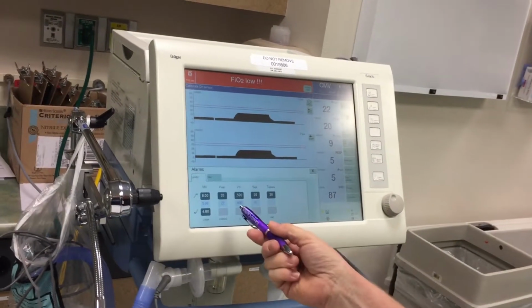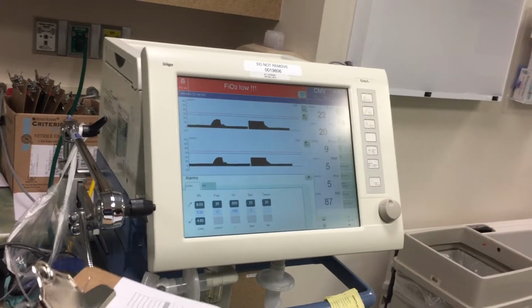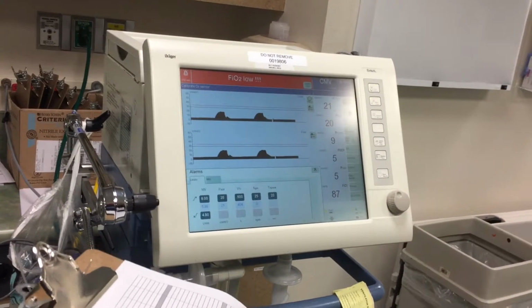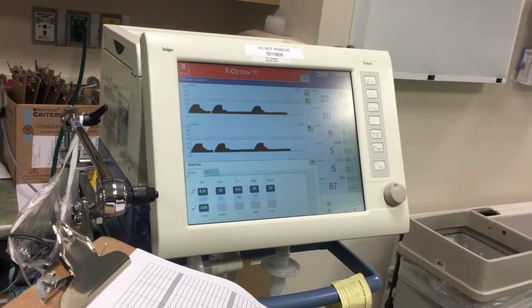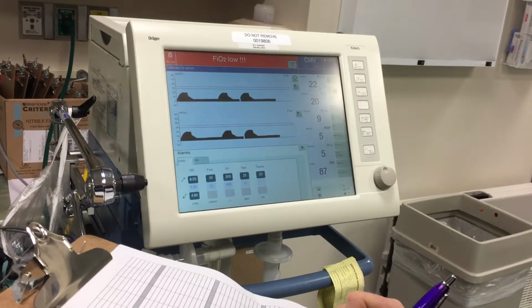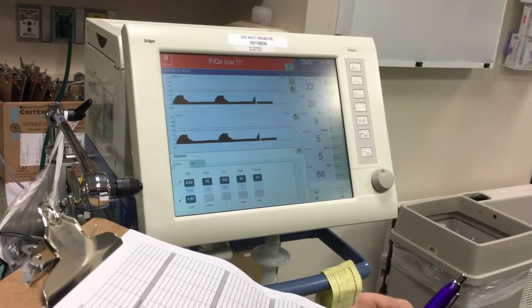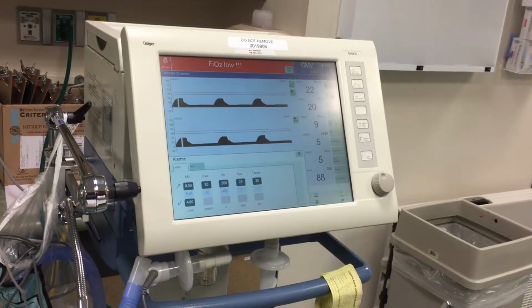Minute ventilation is 8 for high and 4.80 for low. My high pressure alarm is 35. My low pressure is 20. And I can't set my PEEP high and low on this.